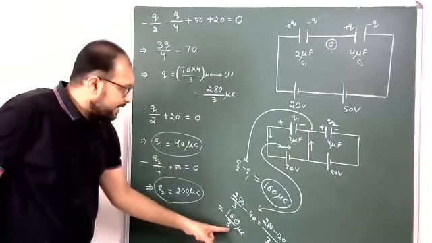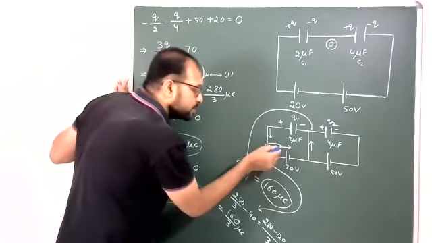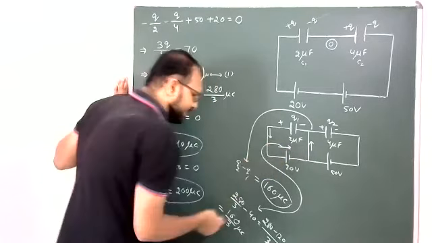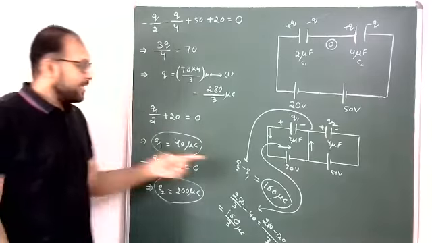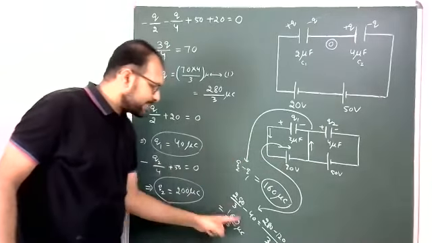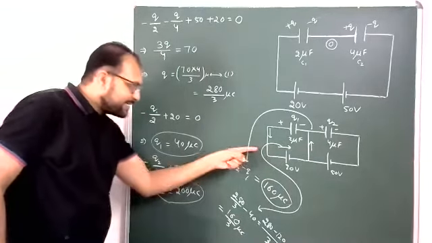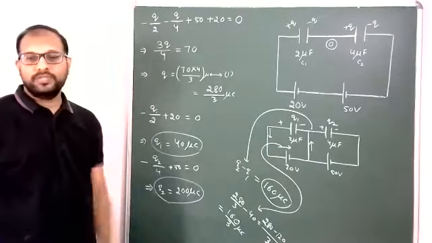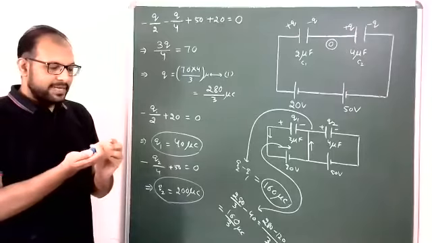Students, 160 by 3 microcoulombs went through this battery in this direction, because direction is also important. Since in this direction it is 160 by 3, in the other direction it is minus 160 by 3 microcoulombs.